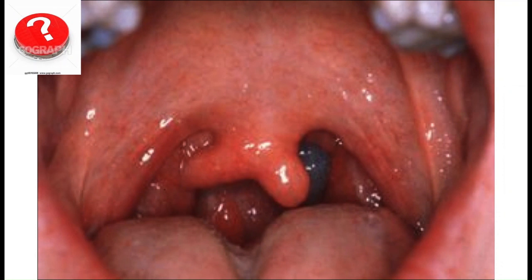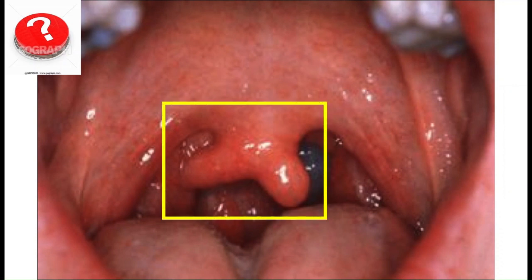What is this image showing me? First of all, this image is going into the mouth very close to the uvula, and you can see the soft palate hanging down, but the uvula is bifid. It is not one single dangling muscular structure. It is bifid.